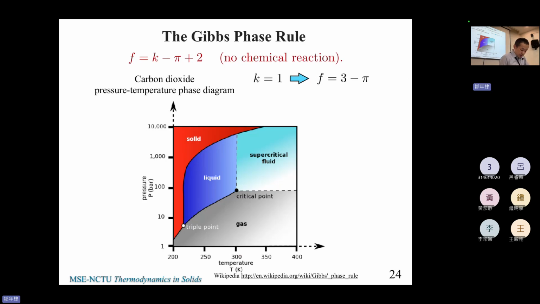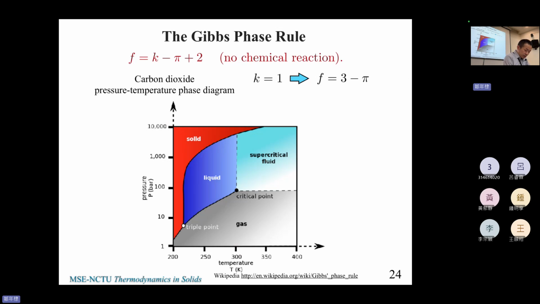For temperature and pressure, the pressure and temperature are something you give. This is a degree of freedom, so that's the reason why you can plot it as a diagram, with variables you can change.